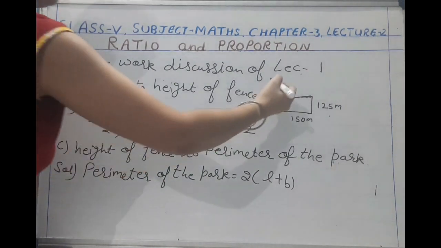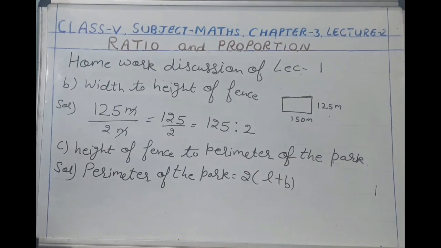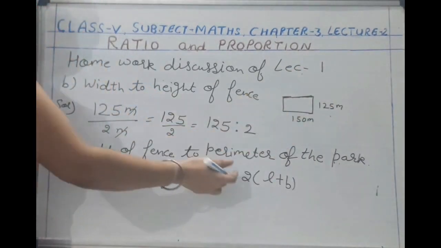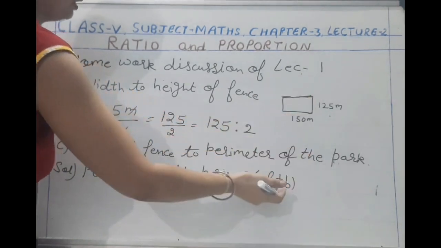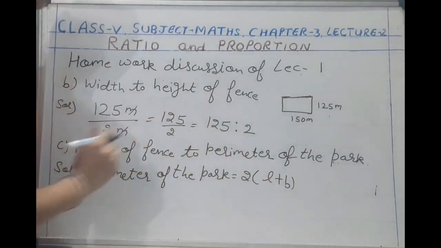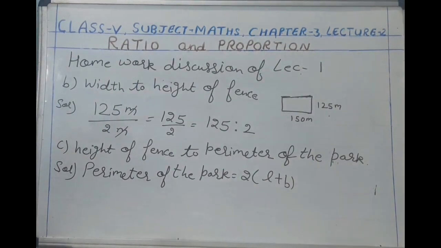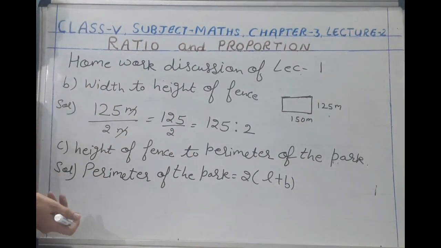So we can say sum of all the sides, length plus breadth plus length plus breadth. 2 length, 2 breadth. So it will be written in the form of formula 2 bracket length plus breadth. Perimeter is distance around a two-dimensional shape, and this is two-dimensional shape here.